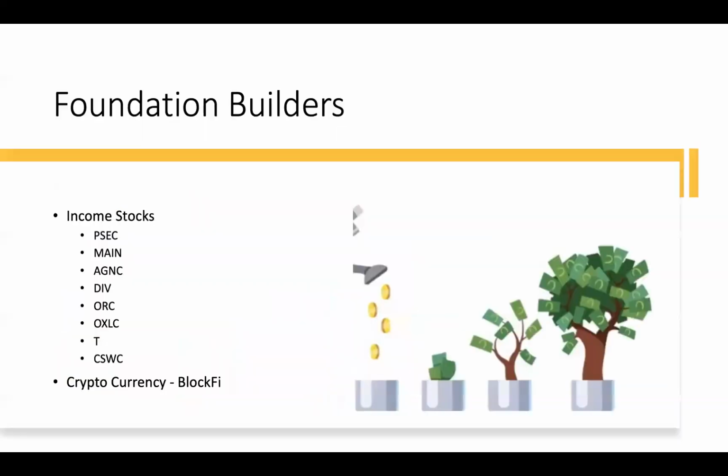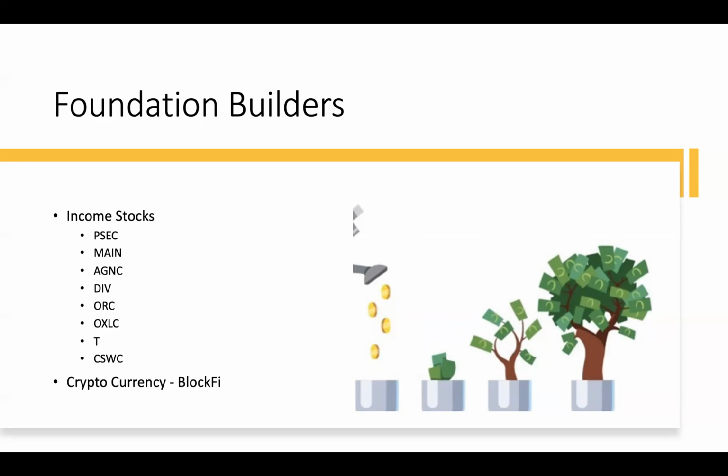I'll go back to the previous slide so you can see some of the ones I like. I like PSEC. I like Main because they pay out monthly. They pay about 20 cents per share, plus they have the ability for their stock price to go up. So I like that. And they have a tendency to give 2 additional payouts.